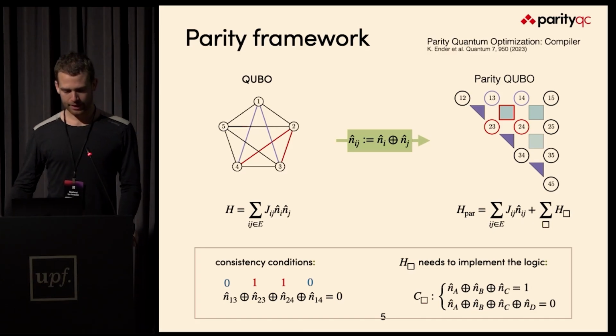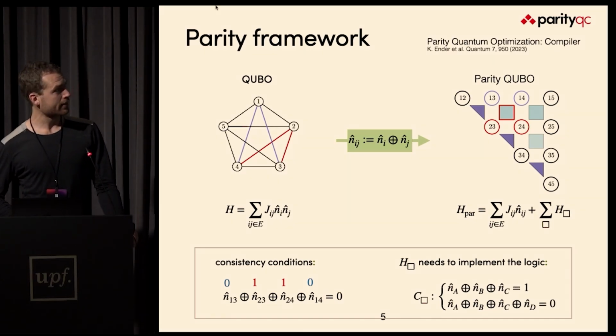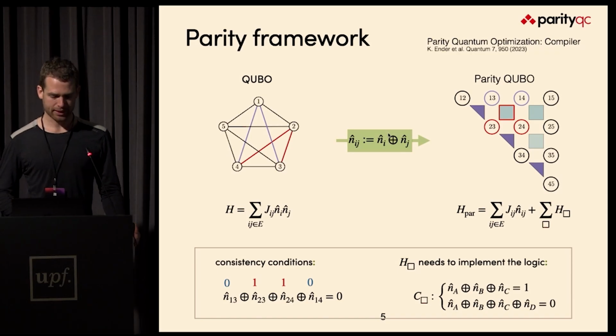In the parity picture, we need to make sure that we implement not just one of those consistency equations, but exactly enough of them to compensate for all of the degrees of freedom that we introduced.